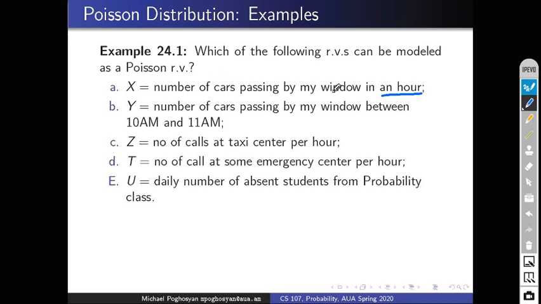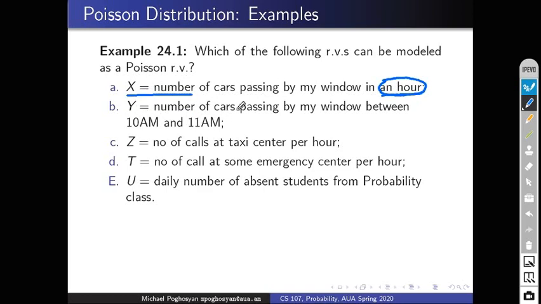So the hourly rate is not constant here because it is changing from hour to hour. So the Poisson distribution is not so appropriate for this random variable X.